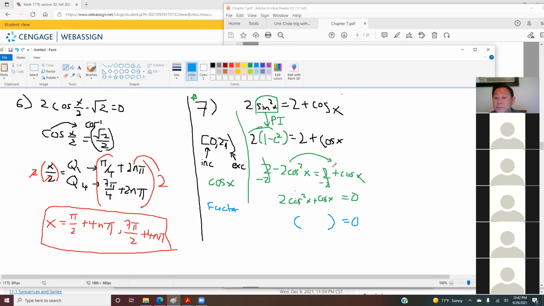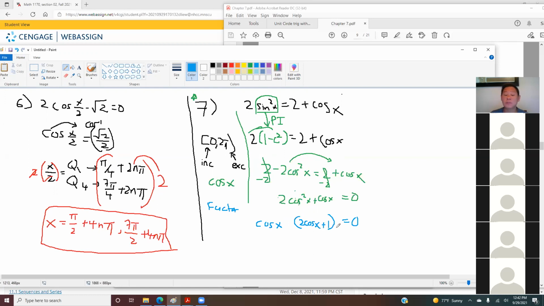Okay, you factor up your cosine x. And when you factor your cosine x, you will get 2 cosine x plus 1. So this is what happens when you factor the cosine x.